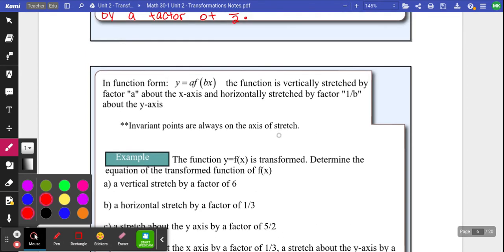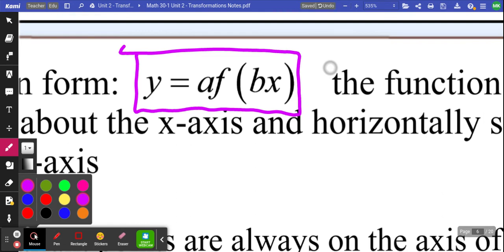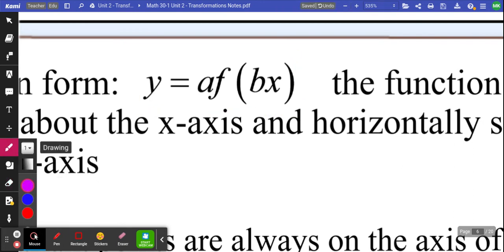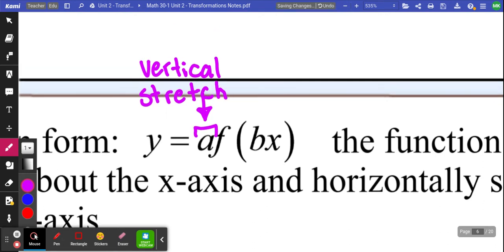In function notation, it looks like this. That's the function notation of it. You have y equals a f of bx. The a is the vertical stretch. That means it's happening to the y values on your graphs.